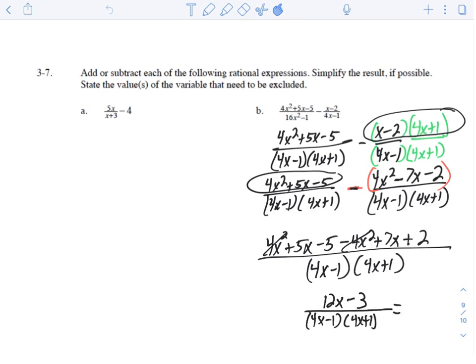But I'm noticing in the numerator that I can factor a 3 out. If I remove a 3, then that leaves me with 4x minus 1 over 4x minus 1 times 4x plus 1. And I can reduce this. The 4x minus 1's cancel.